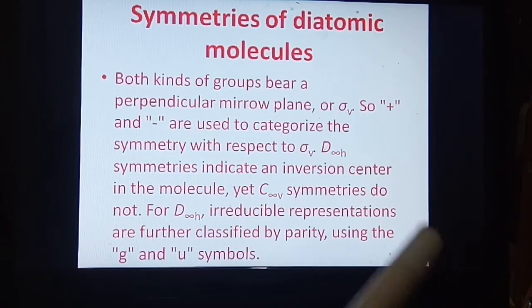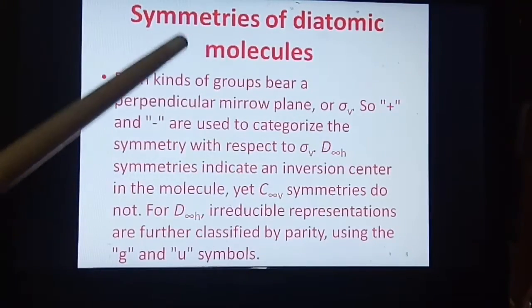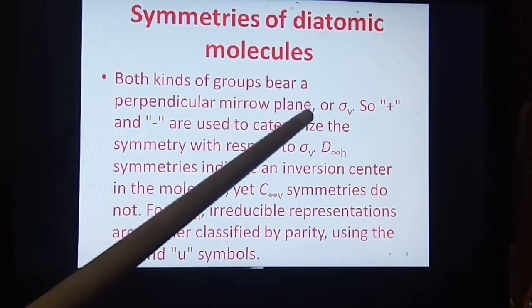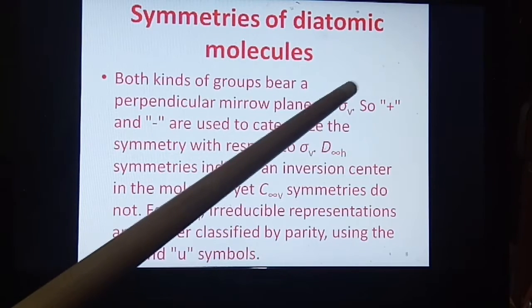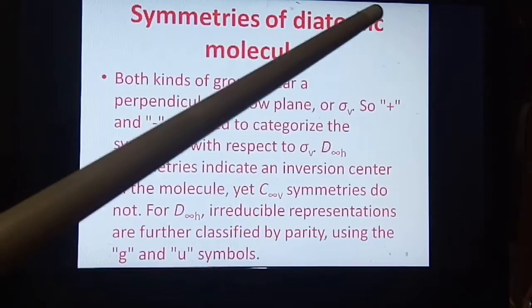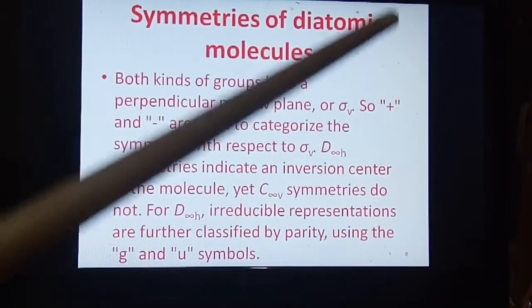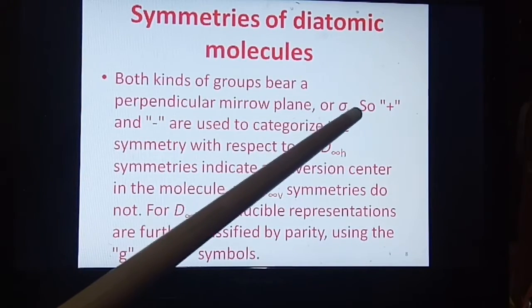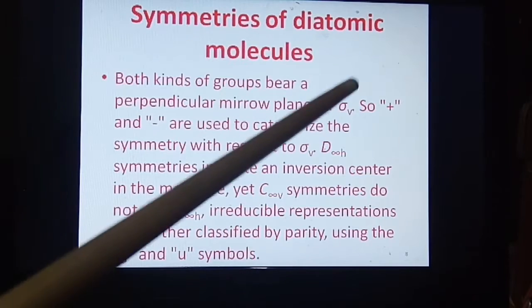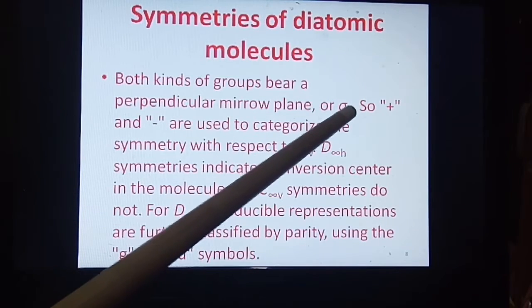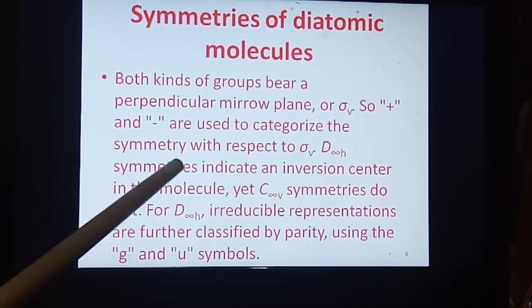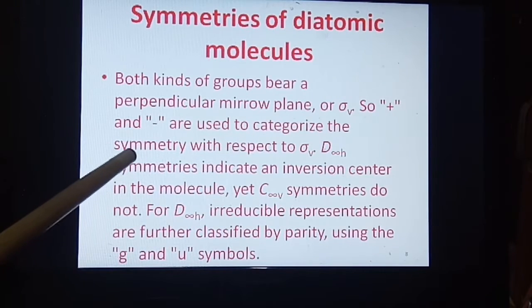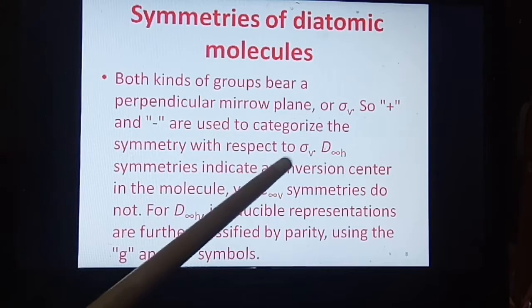Both kinds of groups bear a perpendicular mirror plane, or sigma v. Sigma v is the plane passing through the internuclear axis, or the axis of highest order, that is the principal axis. So plus and minus signs are used to categorize the symmetry with respect to sigma v.